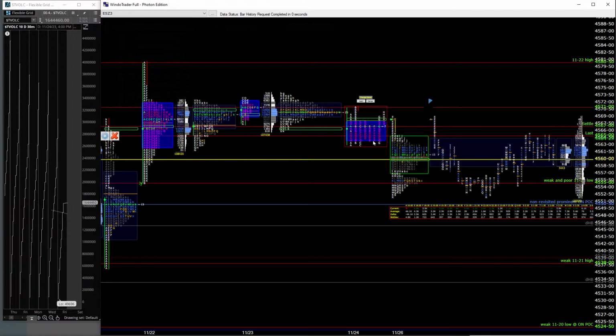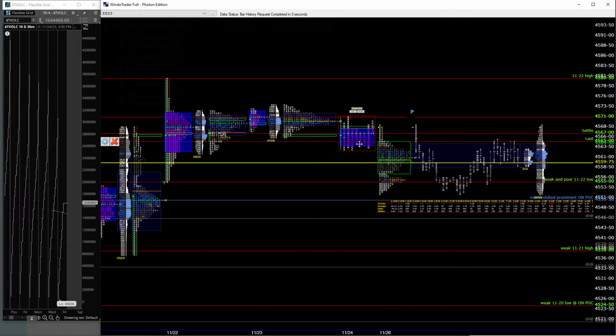There was an attempt at a break here. The high was not good, the low was not good. Kind of like a mini sequential trade here, where the trade is actually on the opposite side. Now, when you have this range, weak high here, weak low here, the trade in a sequential trade is the opposite side.